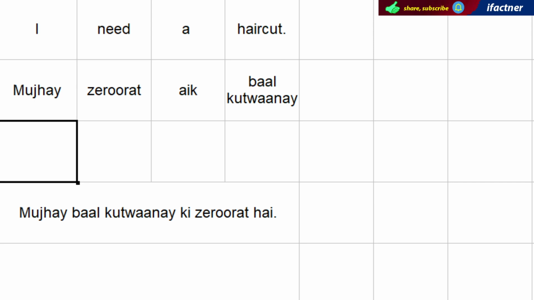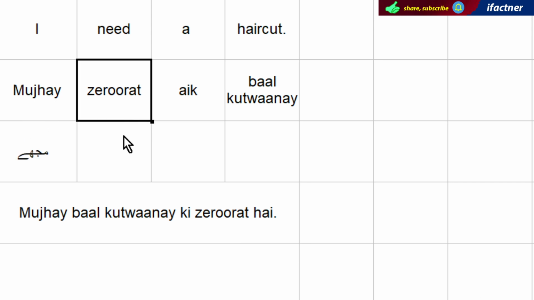Now let's see how do we spell mujhe and how do we type it. Mujhe is mim, jeem, he, muj, and badi ye, mujhe. Zarurat is zwad, re, wow, re, te.